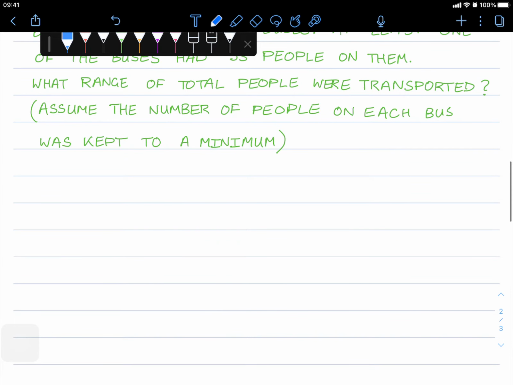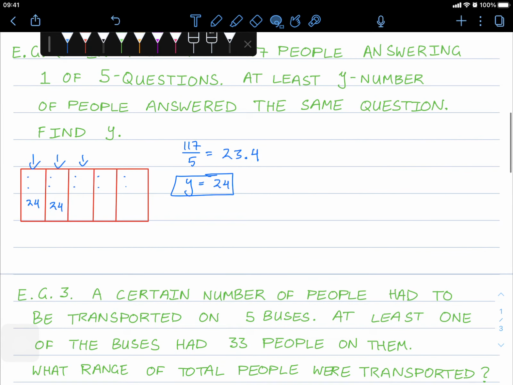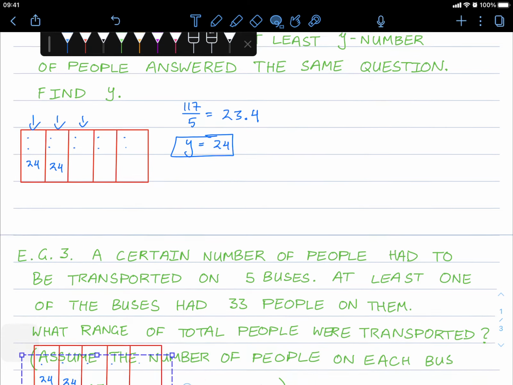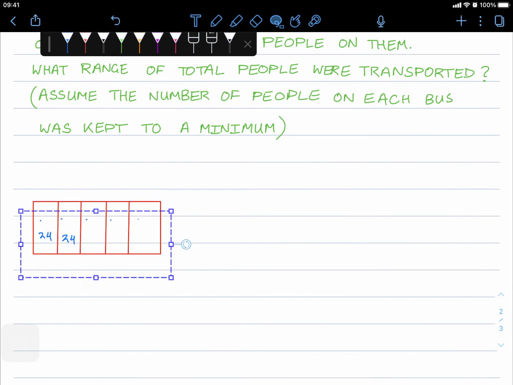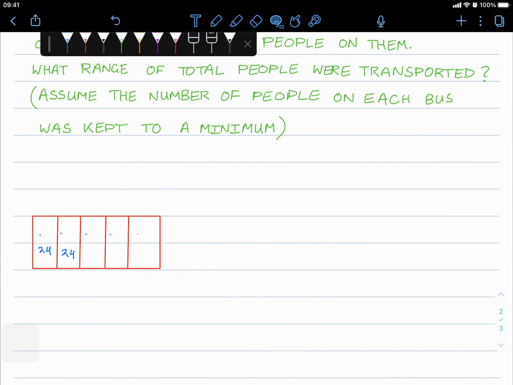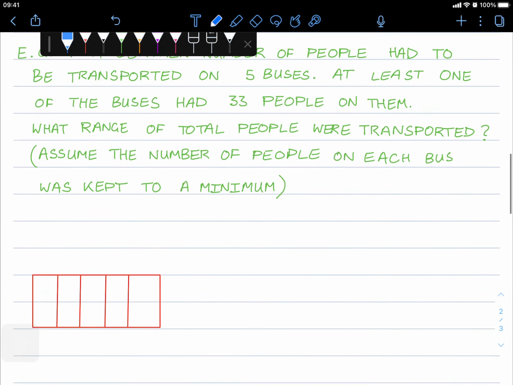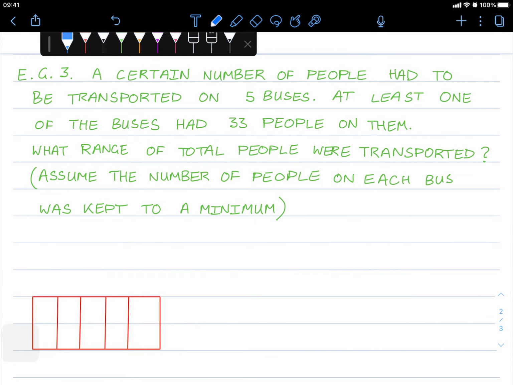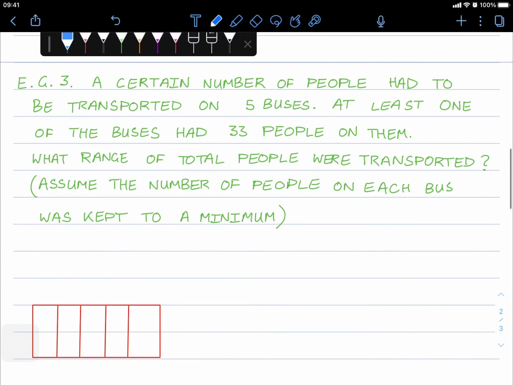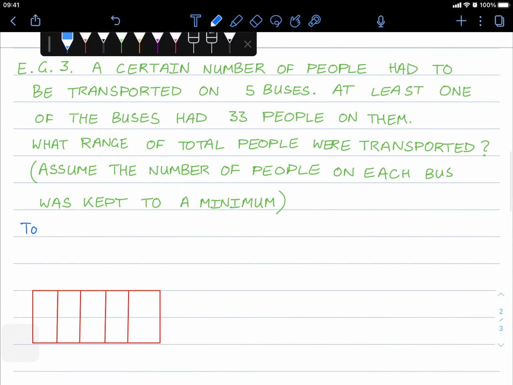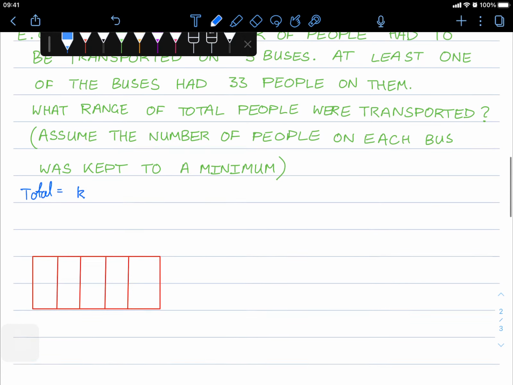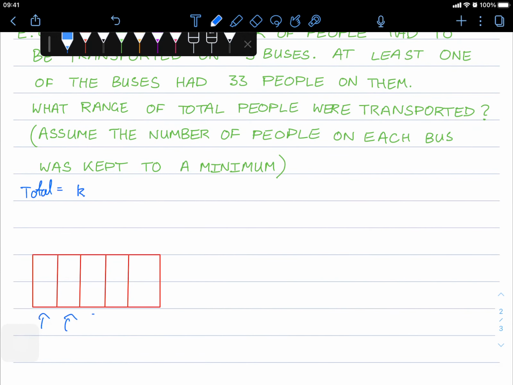Similarly, again, we have the 5 buses. Let me just grab this illustration here. Here are the 5 buses. This time we don't know how many people were being transported. So the total, we don't know. We'll let the total be K. But we know we have 5 positions, 1, 2, 3, 4, 5.